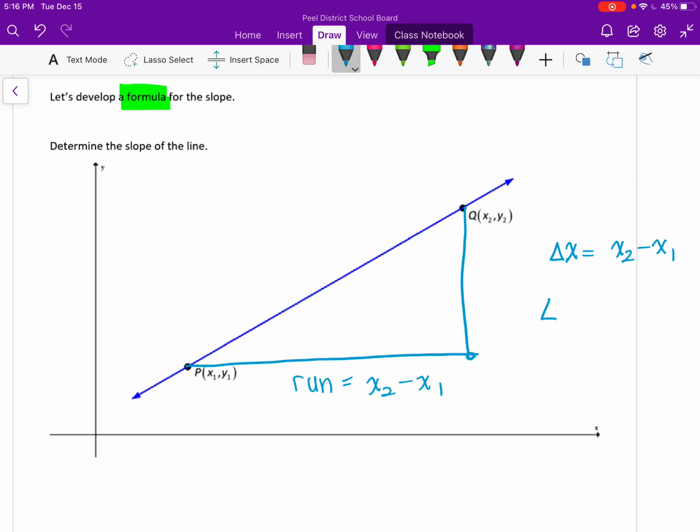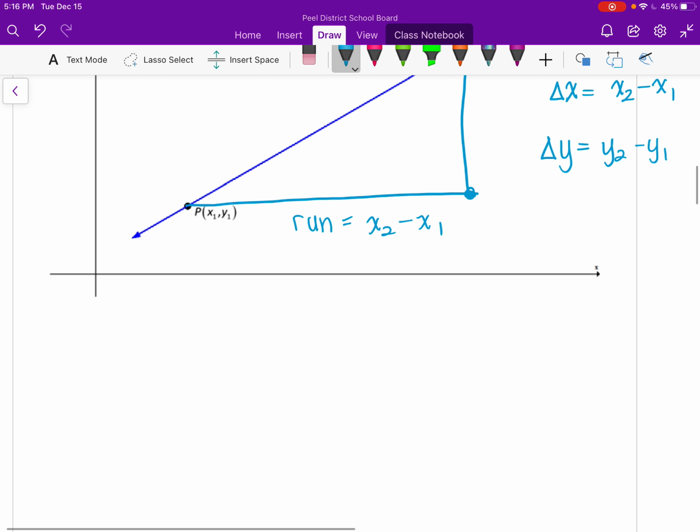If I wanted to find my delta y, same logic, I could say, okay, I started here and I'm going up here. What's the change in between these? y2 minus y1. Right? So that would be my rise.